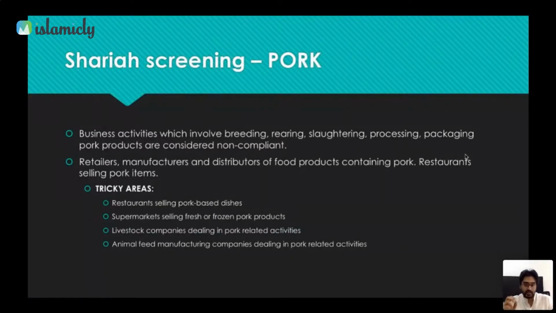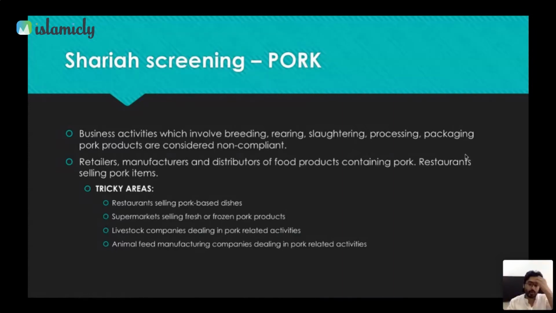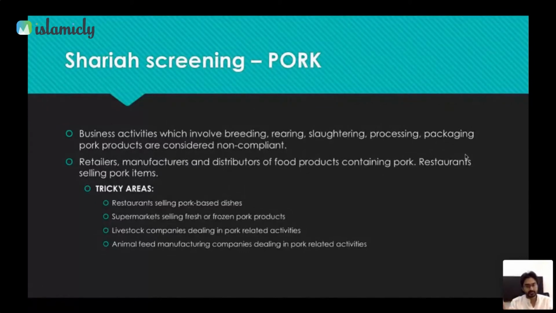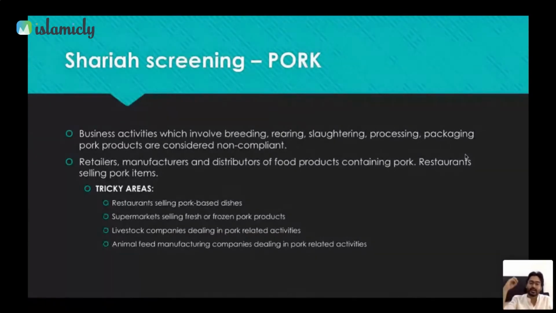But if you are manufacturing a specific kind of feed, probably a mix with particular protein levels, and market it as a feed for the pork industry, for breeders and rearers of pork, that revenue will be considered non-permissible. Again, the same principle applies: if you are specifically manufacturing a product for a non-compliant activity, like rearing of pork, that revenue will be considered non-permissible.